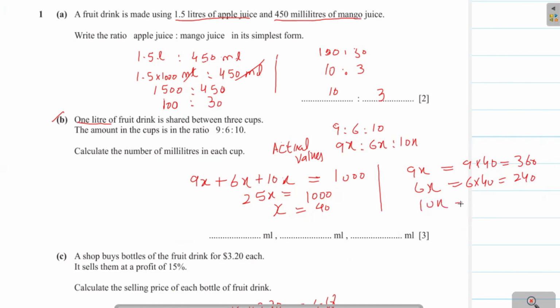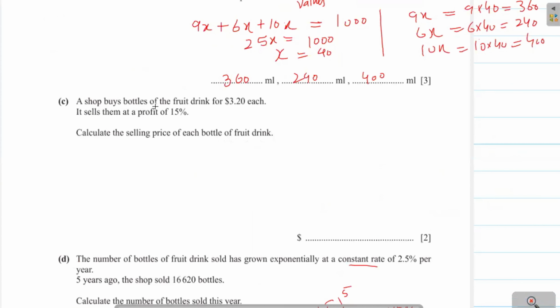And 10x becomes 10 into 40, and this will be equal to 400. Therefore, the number of milliliters in each cup will be 360, 240, and 400 milliliter.